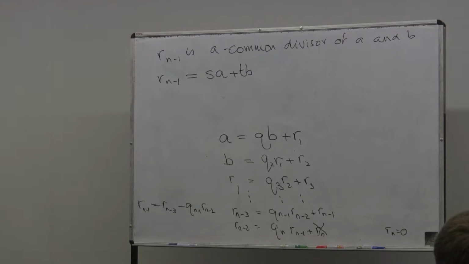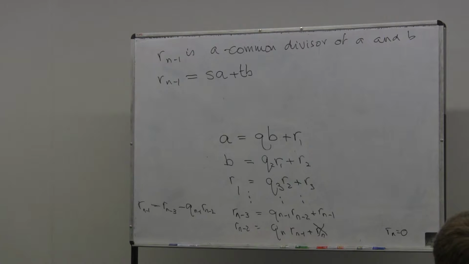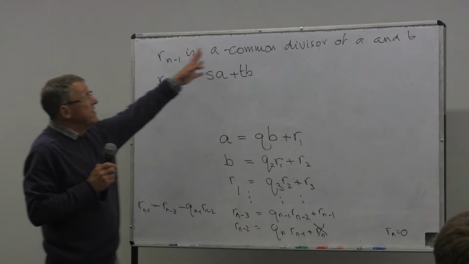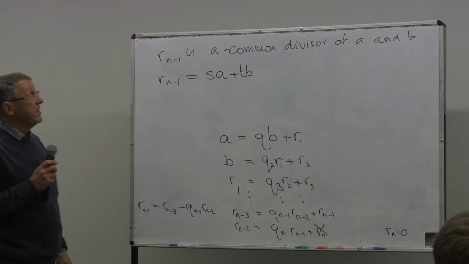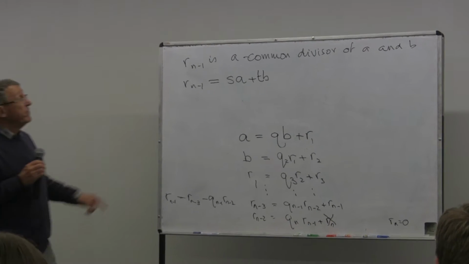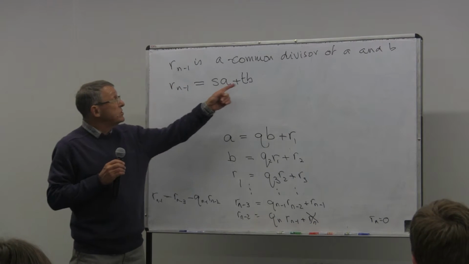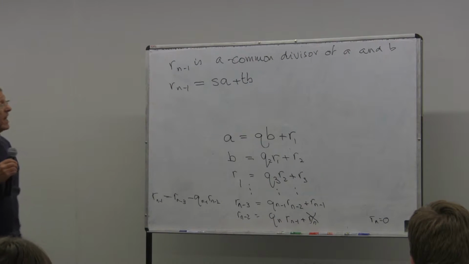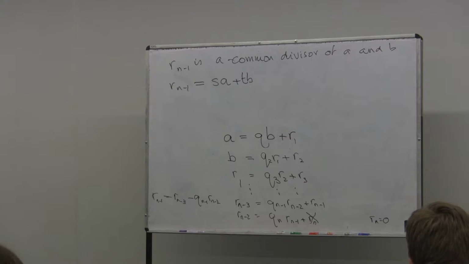Not everything has to be a positive integer in these expressions, but most things will be integers unless I say so. So now we have this very interesting property that we have something which is a divisor of A and B, but it's also expressed as a linear combination of A and B.